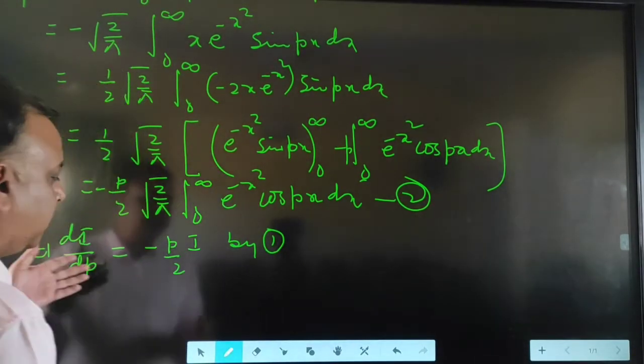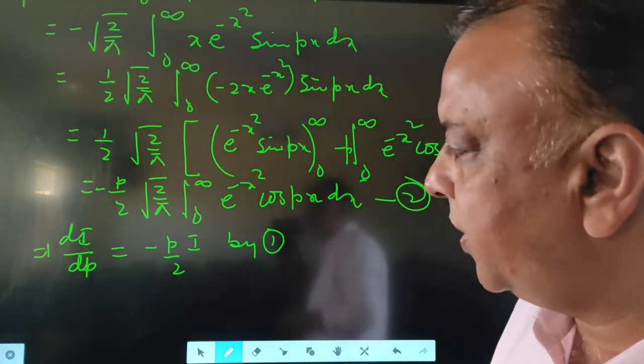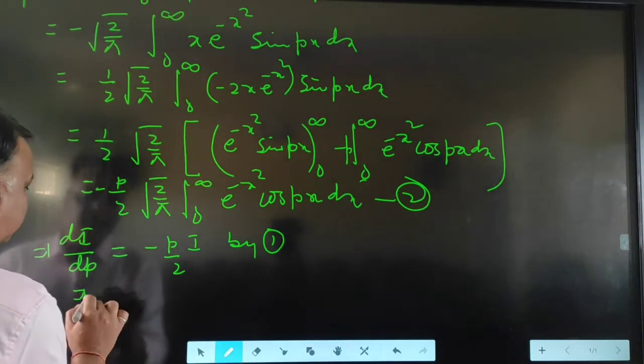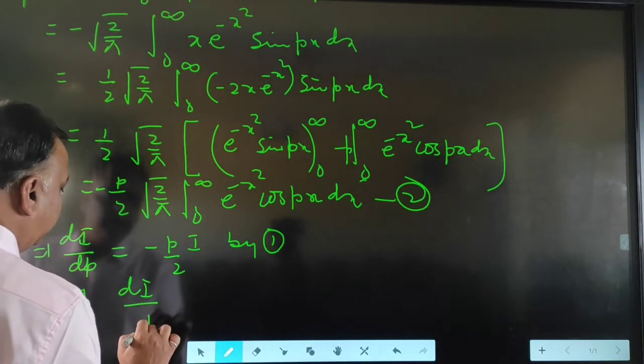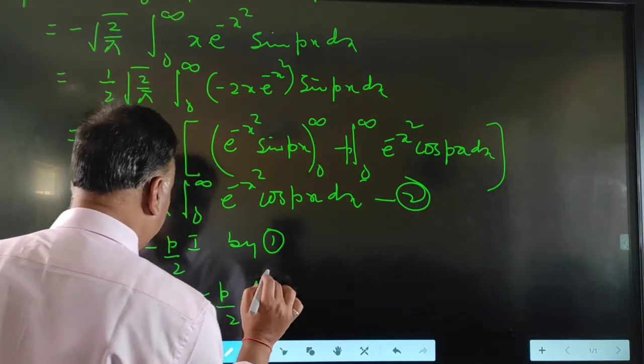Now, this is the differential equation, a first order ordinary differential equation. We can solve this one by separating the variables. So this can be written as dI by I is equal to minus p by 2 into dp.